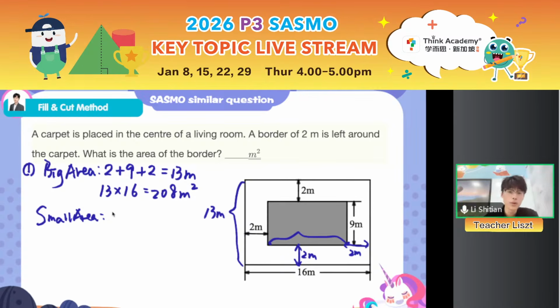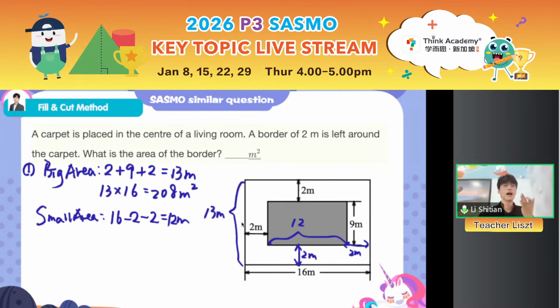We only need to use 16 minus 2, then minus 2. Then we find out how long it is. What is the result? It is equal to 12 meters, right? So the length of this little one is equal to 12.